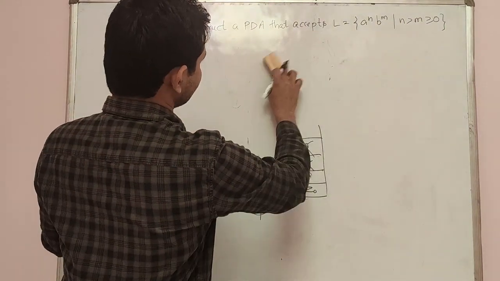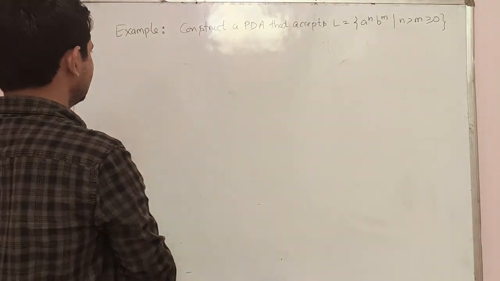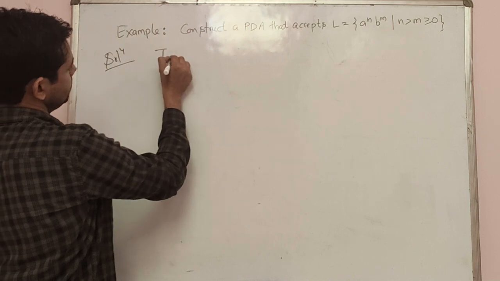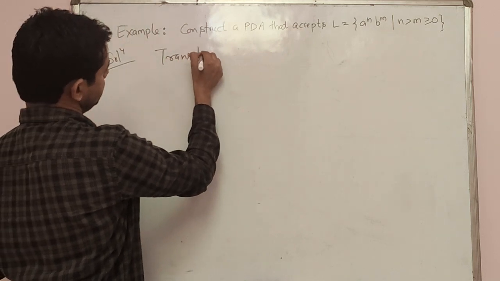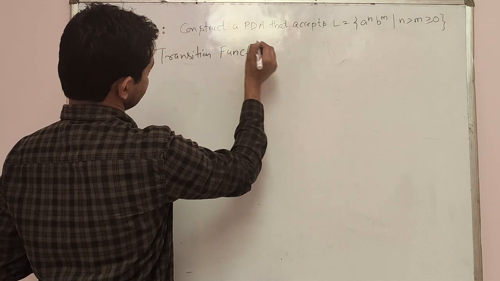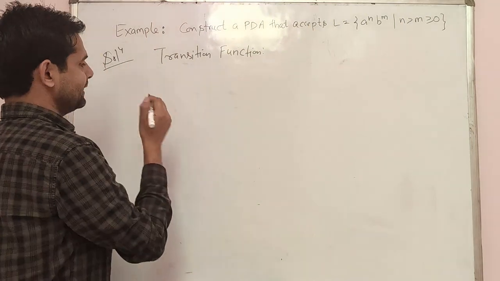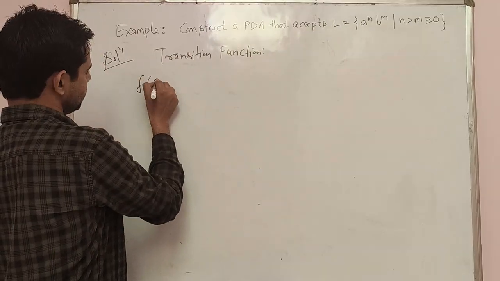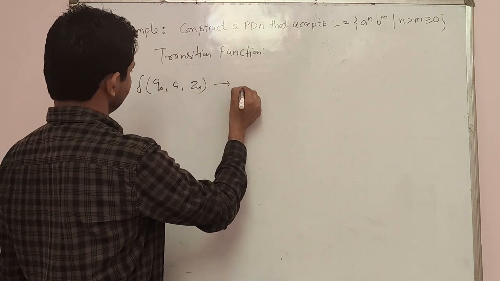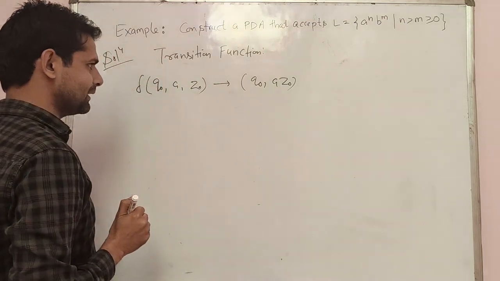Okay, now we will write the transition function for this problem, right? So first of all, we will write the transition for adding the A's. Q naught, A, with Z naught on top, then we move to Q naught with A Z naught, right?